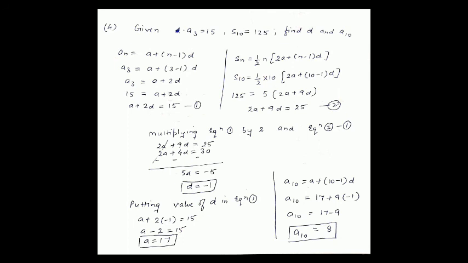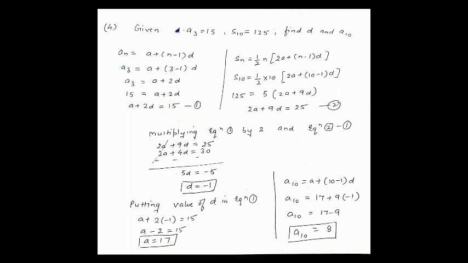Now you can put the value of D in any of the equations, either in equation 1 or equation 2. I have put the value of D in equation 1. So it will be A plus 2 into minus 1, which is equal to 15. So A will be 17. As you have to find out the value of D, we have found the value of D as minus 1. Now we have to find out A10.